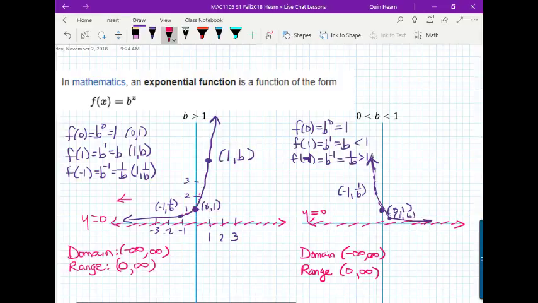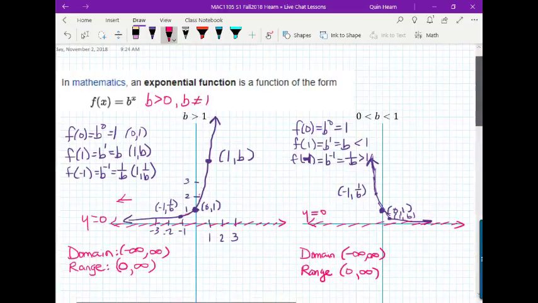All right, so these are the two basic graphs that you must memorize for f(x) equals b to the x power, where b is greater than 0 and not equal to 1. So we have two cases, the b values greater than 1 and the b values that are not greater than 1, that are fractions.